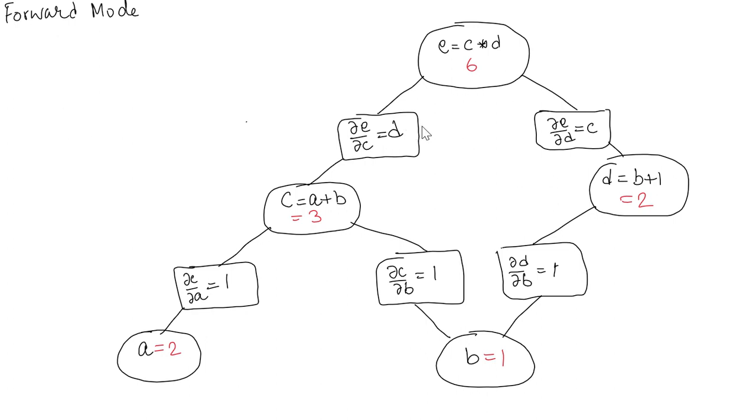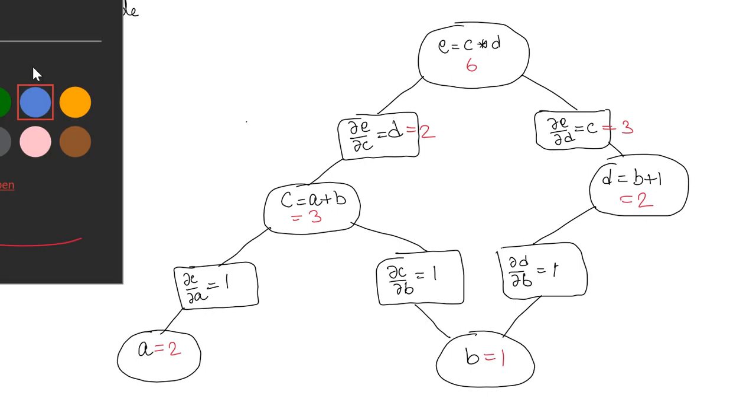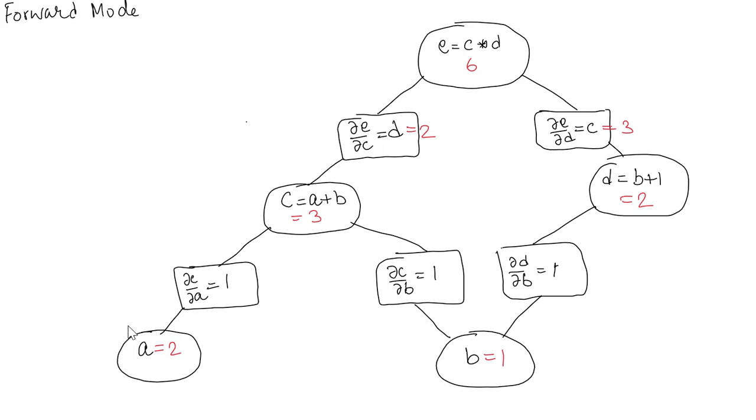So D is 2, therefore this will be 2, and C is 3, so this will be 3. The forward mode is the simple chain rule that we perform in general. Our end goal is to obtain this.